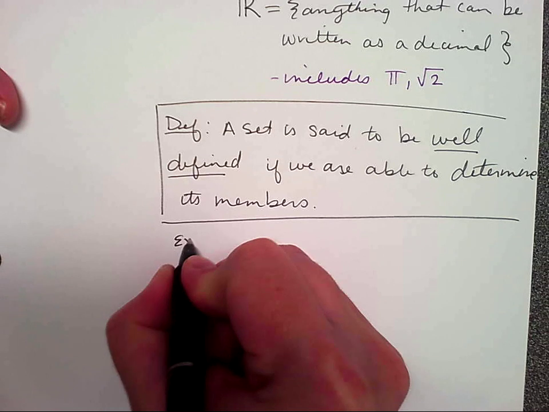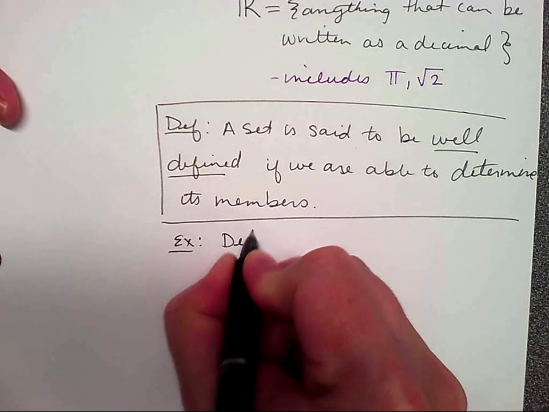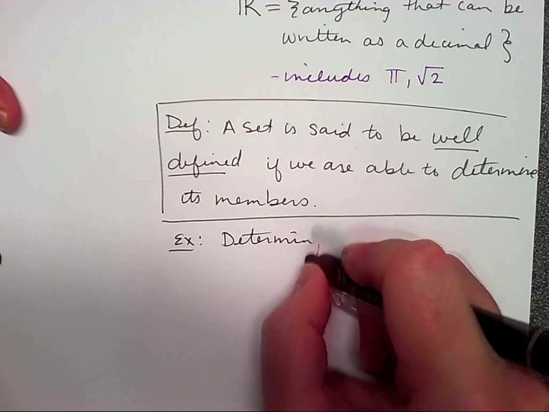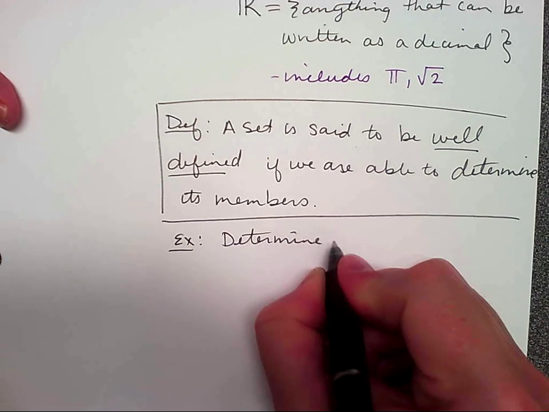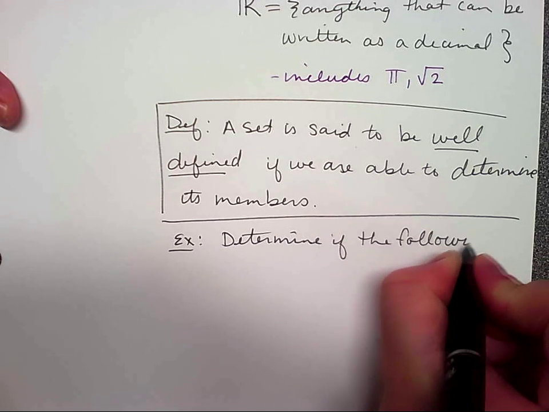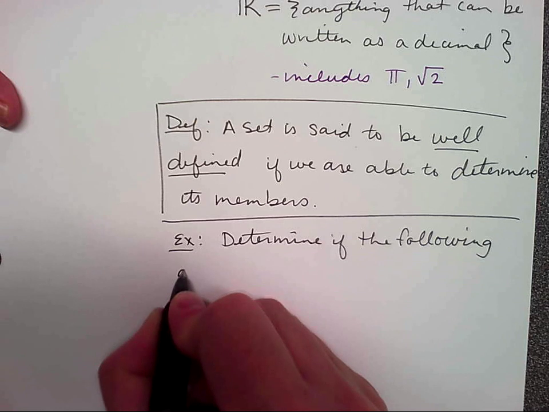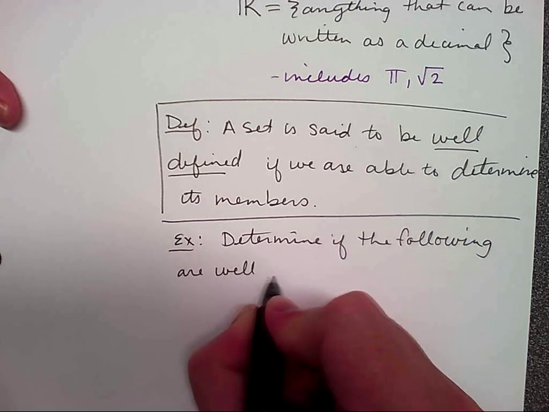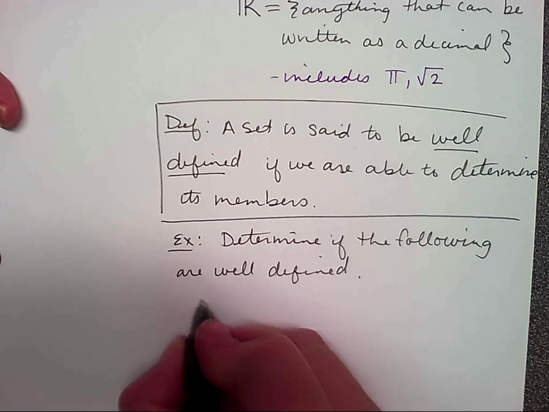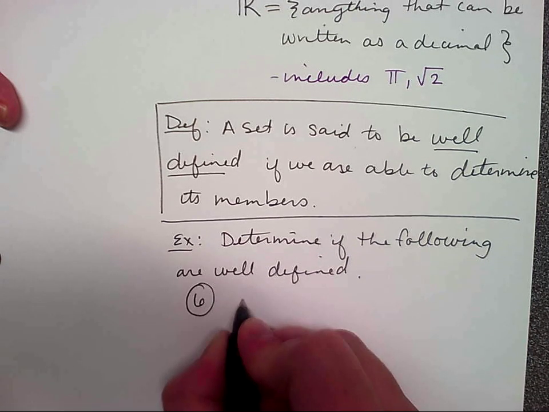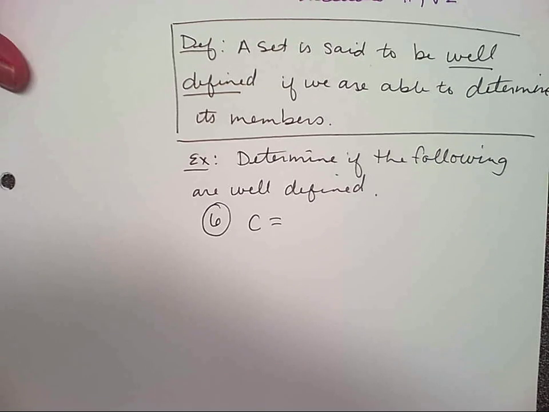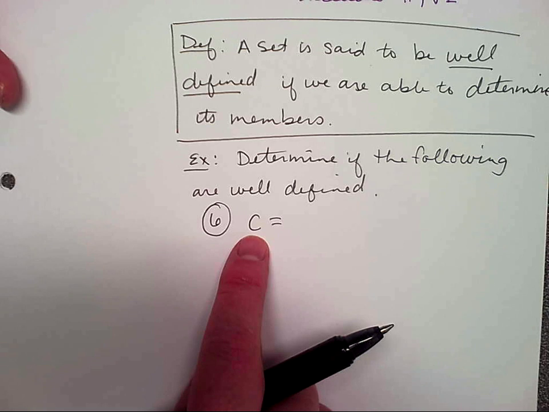Okay, so example. Determine if the following are well-defined. Okay, so this is number 6. Let's call it C. So I'm just making up a set C. Usually the set is a capital letter, right?